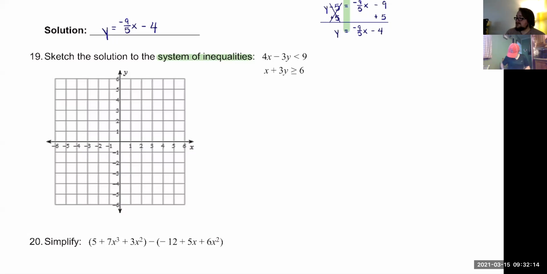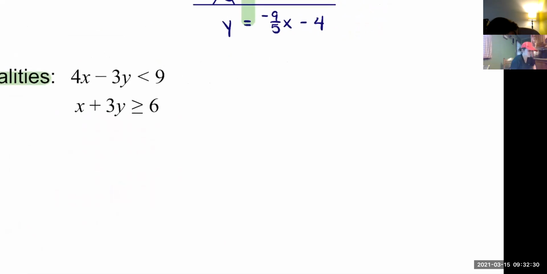Now, in order to graph these, what form would I like them to be in? I'd really like them to be in slope-intercept form, because only then can I pull out all the information I would need for both to be able to get them on the graph. So a little side note here.